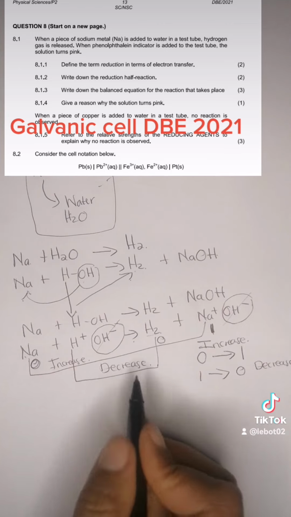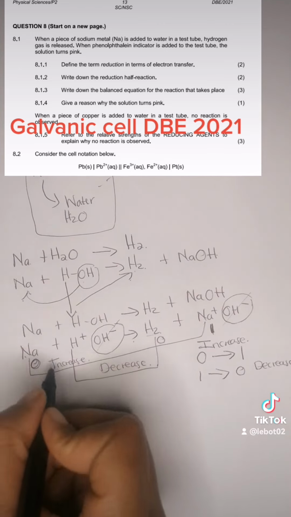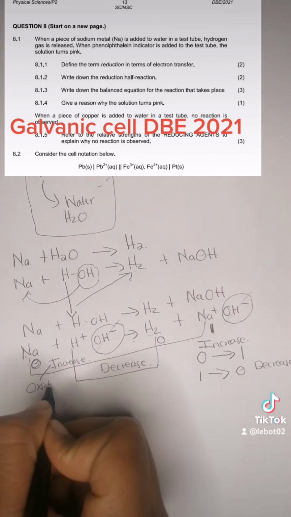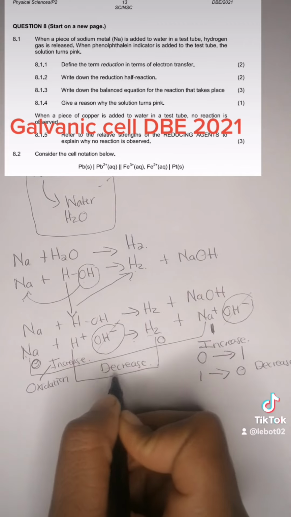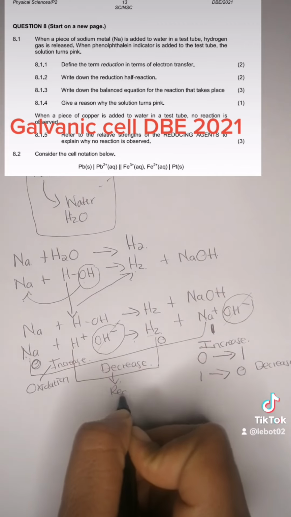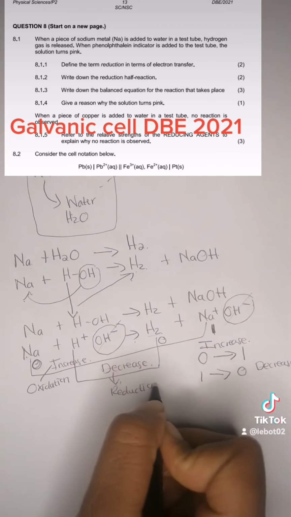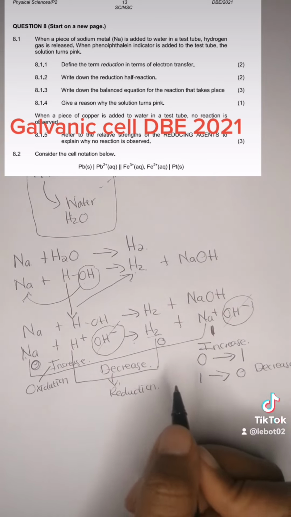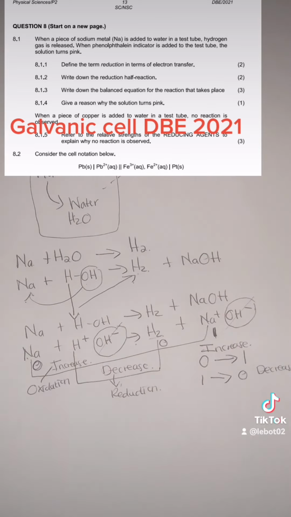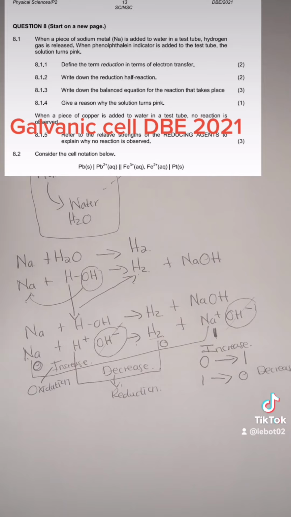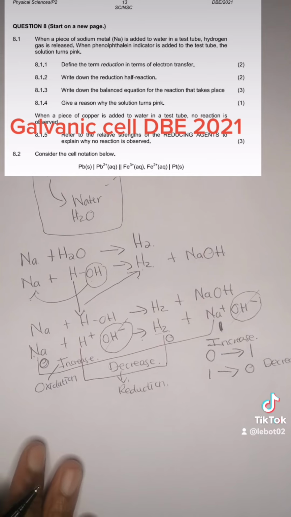So from there you can see that, okay, increase in oxidation number, that is where I'll have what? Oxidation. Decrease in oxidation number, that is where I'll have what? Reduction. Now the question requested that you write down the reduction half reaction.